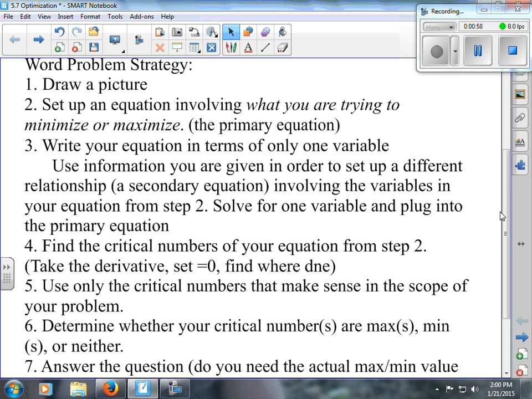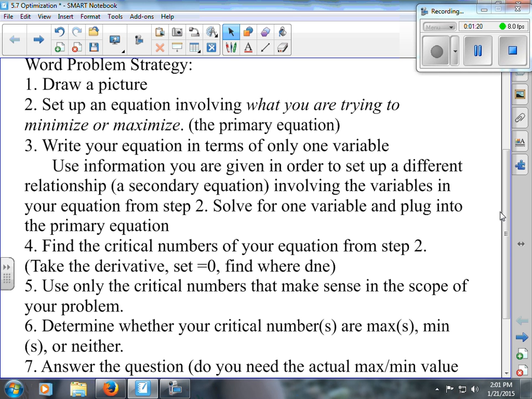The second equation that we write down will be a second equation relating variables in a very specific way. We're going to solve this and eliminate one of the variables from our primary equation. So that's the goal with the secondary equation, to use it to eliminate a variable.